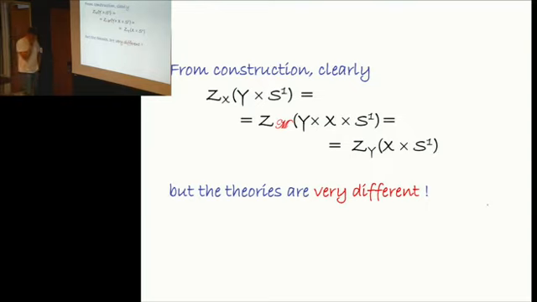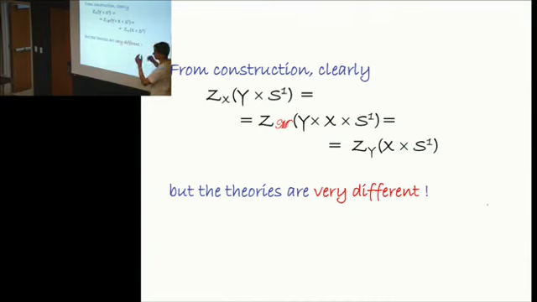All right. From the construction, it should be the case that the partition function of the entire M-theory on this product can be viewed as the partition function of a certain gauge theory depending on X, on the manifold Y cross S^1, or a gauge theory depending on Y on the manifold X cross S^1.